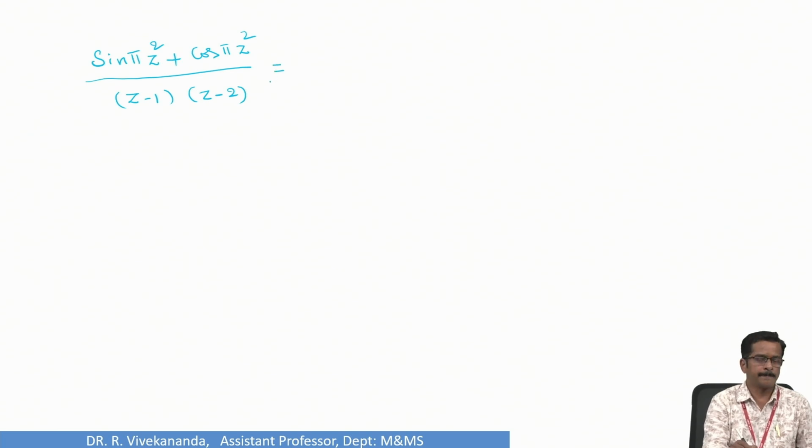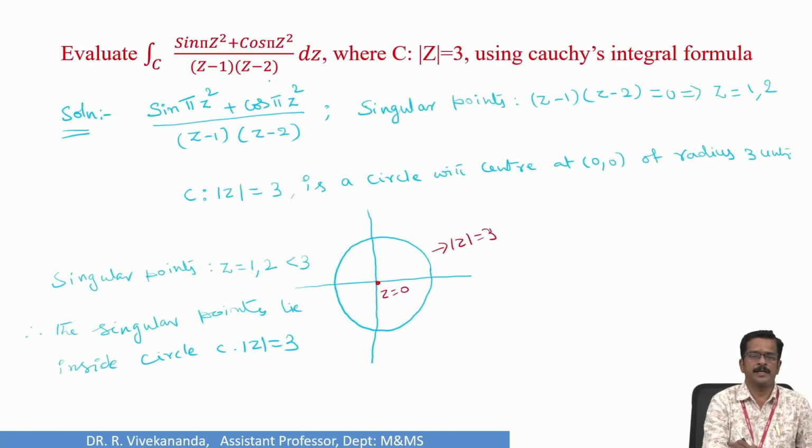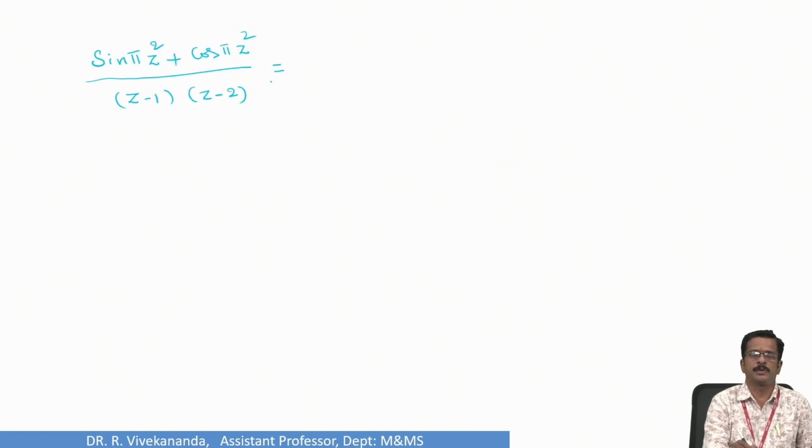So now what I am doing here is, sin pi z square plus cos pi z square by z minus 1 into z minus 2. This I am applying partial fractions.